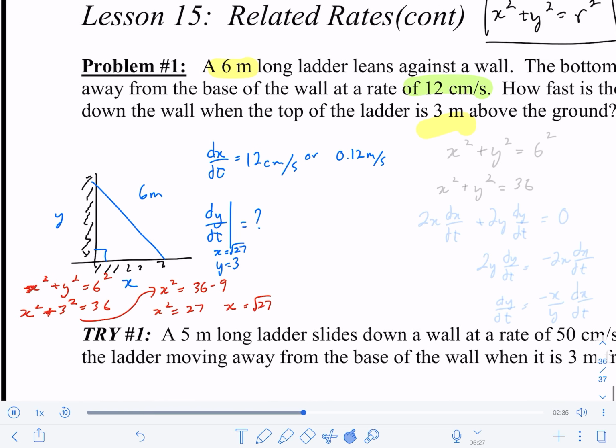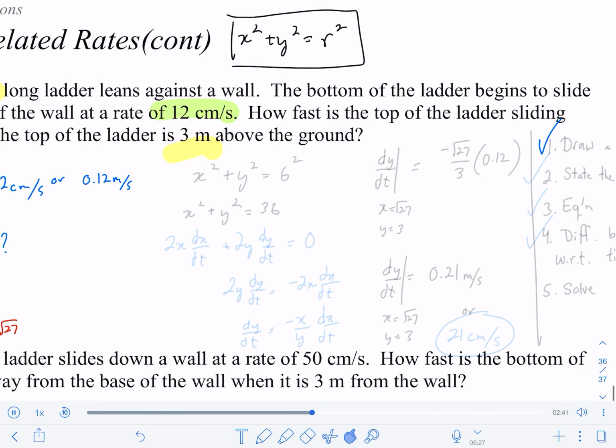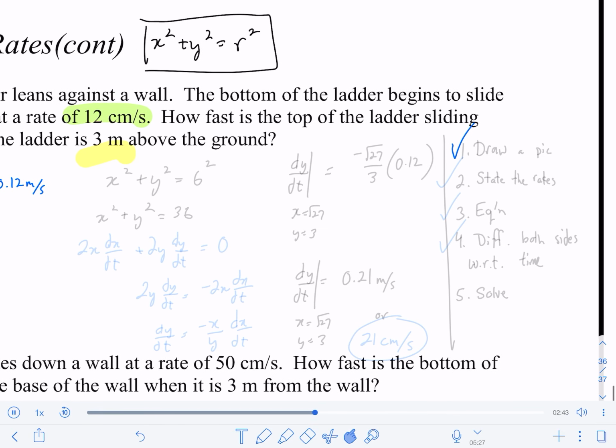Now that's kind of an extra hint or tip. You're going to see why that's important in a second. So we've got a picture. Now we've stated the rates. And now our next job is to figure out what is our equation.